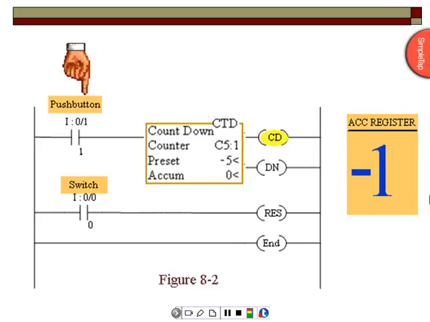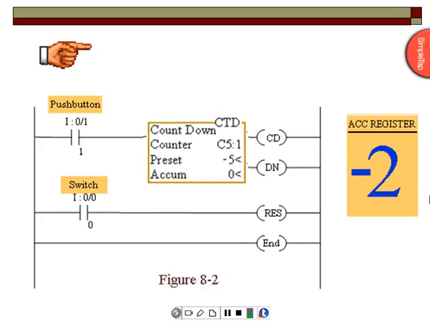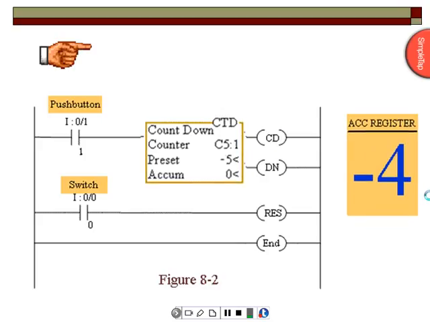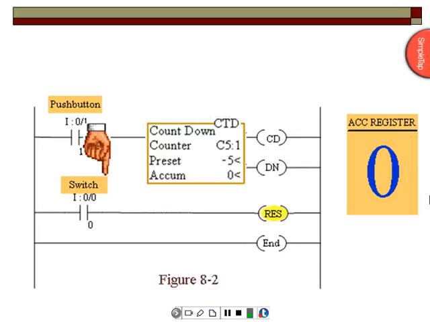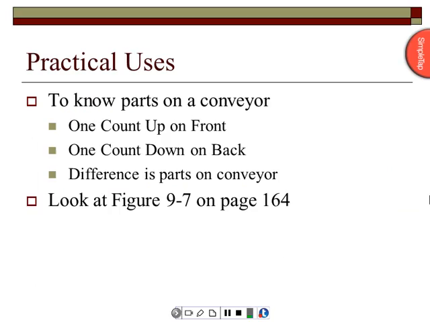So this would already be my second hit right here. 1, 2, 3, 4, 5. It has to go past 5 in order for that done to come on, because it counts to 0 when it gets to 5. Again, I have to hit the reset to start it over. Everybody okay?